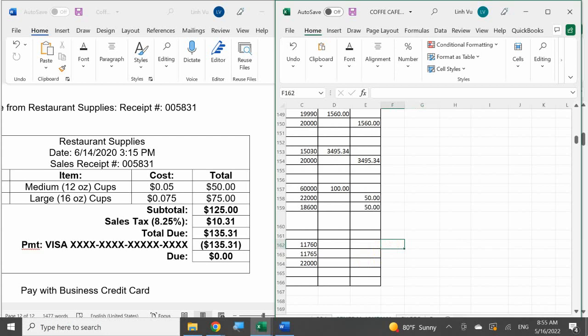Okay, so my regular cups were $50. My large cups were $75. So let's see. 50 times 0.0825.